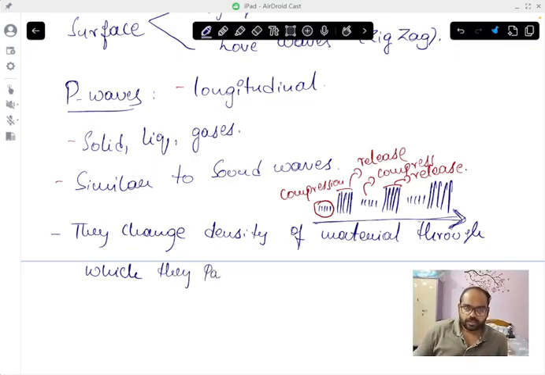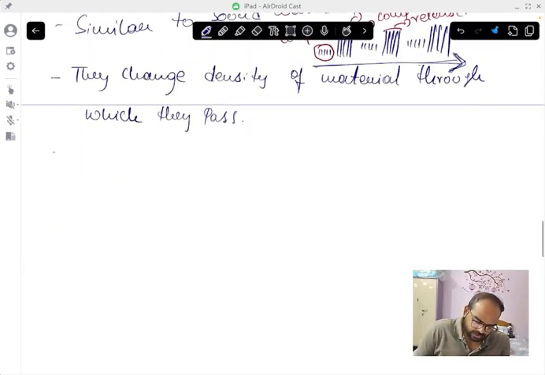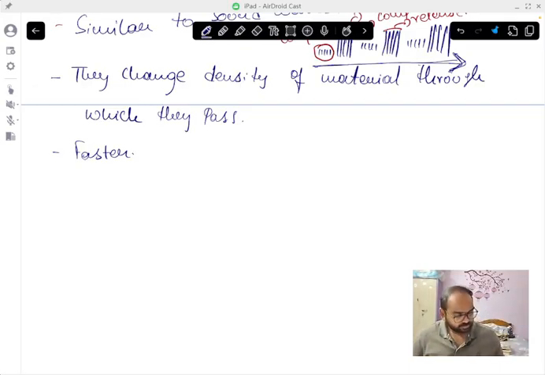Another one is they are faster than S waves. And while P waves are traveling through certain materials, there is compression and release, and this compression and release happens along the direction of the propagation of the wave. If the wave travels horizontally, the materials also compress and release in a horizontal way.